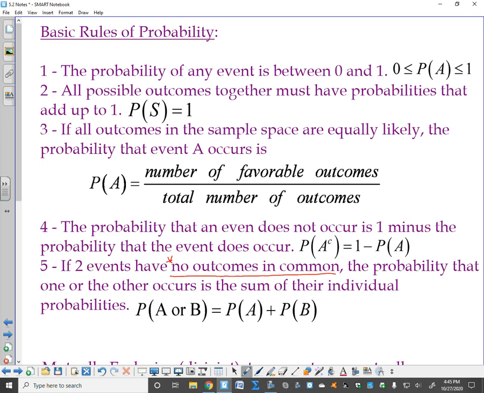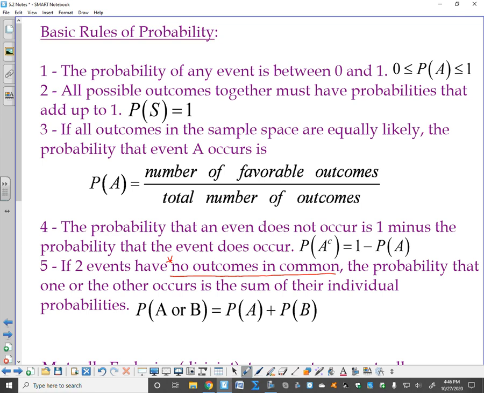So right now, this only works if the two outcomes have nothing in common. So an example: event A is the probability that a Math 1 student gets an A, and event B is going to be the probability that a pre-cal student gets an A. Well, those two outcomes have nothing in common. You can't be in Math 1 and pre-cal at the same time.